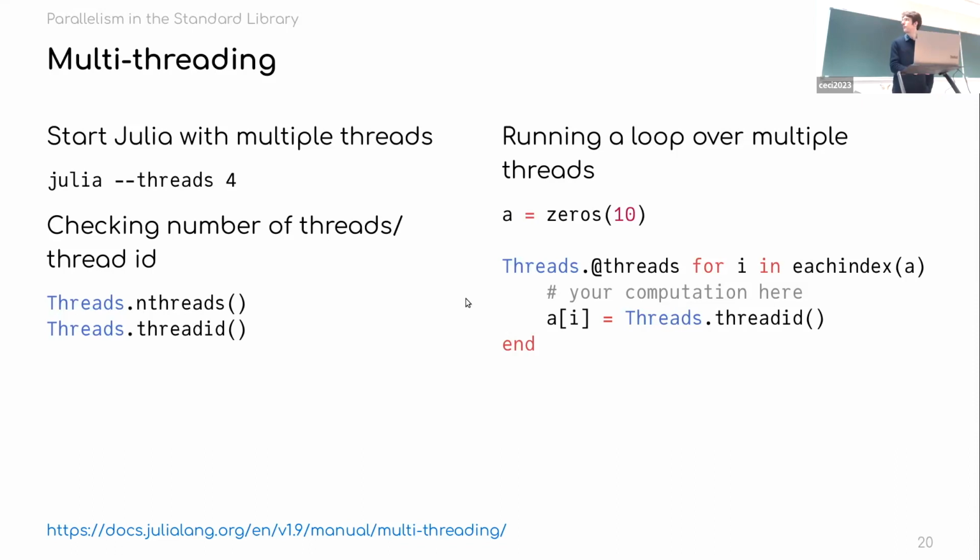Then if you want to run a loop over multiple threads, the easy way to do that is this: Threads.@threads, so again there's a macro that you put in front of the loop, for i in eachindex(A). Maybe for those who weren't here on Tuesday, eachindex is a way to get the correct indices for a given array, and they're guaranteed to be correct.